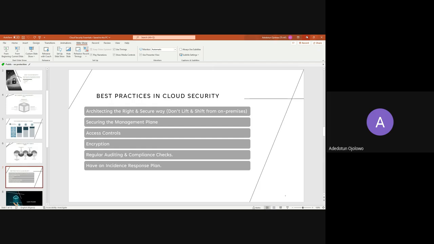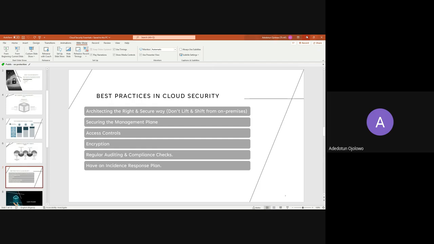If you are using APIs, ensure that the APIs are really secure. If you are using access keys, ensure that the access keys are also secure. Ensure that your credentials are not hard coded. So the management plane is really essential because honestly, if an attacker or anyone has access to your management plane, they basically already have access to your entire cloud infrastructure. So it's very important that you ensure that your management plane is secure.